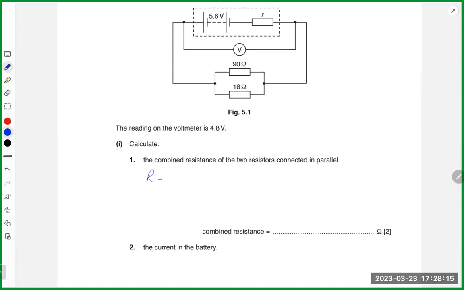Resistance will be 18 multiplied by 90 divided by 18 plus 90. So it is 15 ohms.